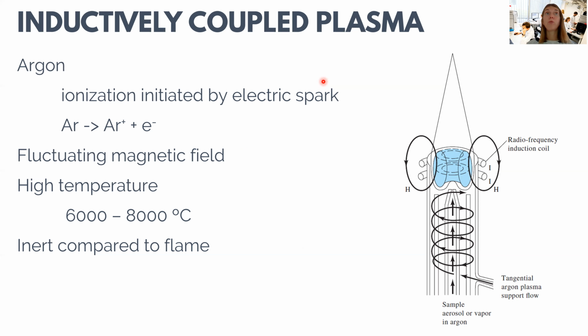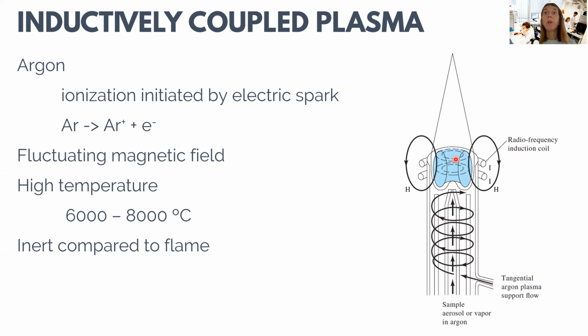The most widely used for this is the inductively coupled plasma source. In the inductively coupled plasma source, argon is used both to carry the sample to the plasma as well as to generate the plasma.